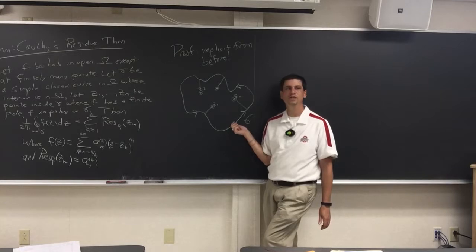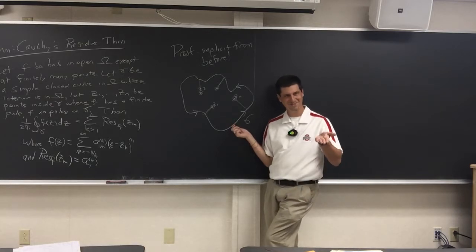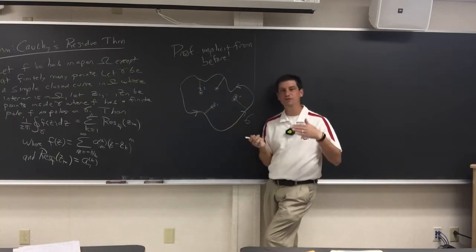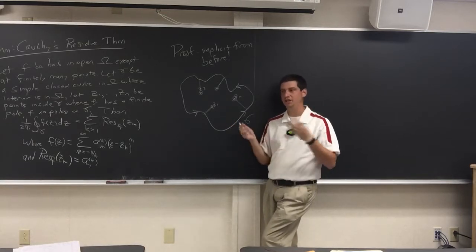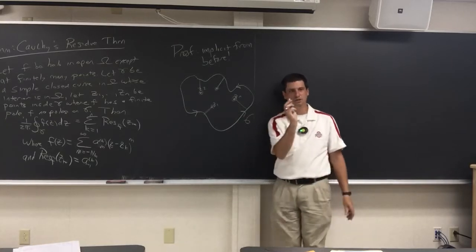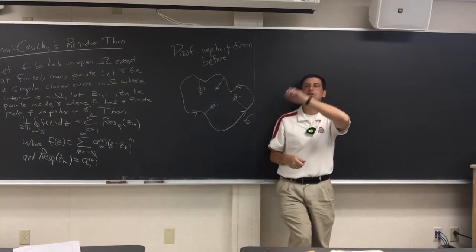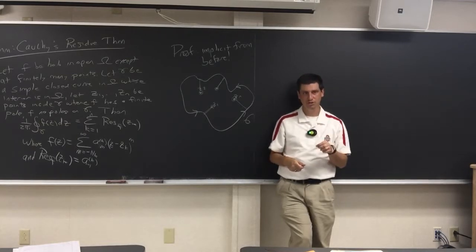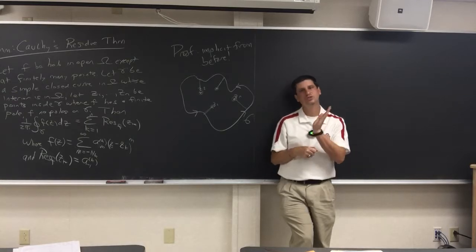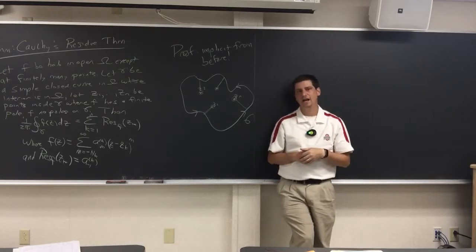If you have a pole on the line of integration, what should you do? Yes, you should integrate around it. You should detour. You should either go up or go down and then take some kind of limit. If you go one way, you might now entirely include that pole in what you're doing. And if you do the other direction, you won't include it at all. But you'll still have half of it going in the other direction.